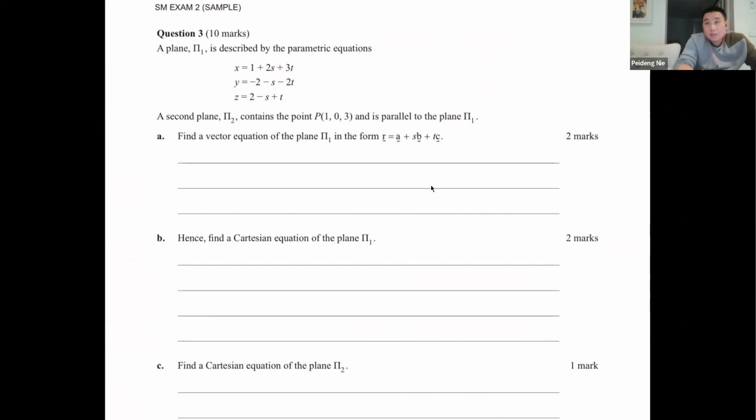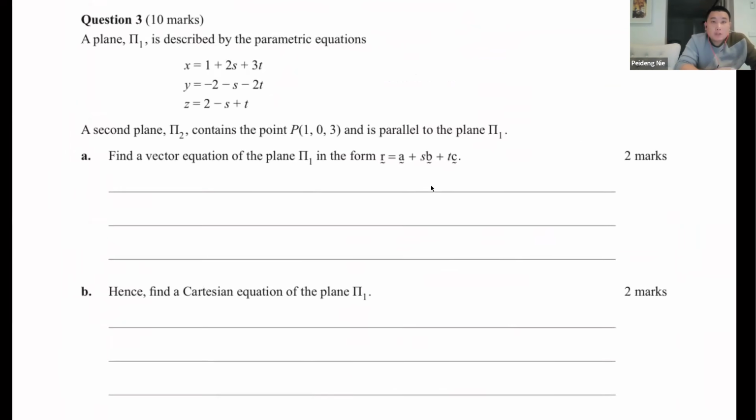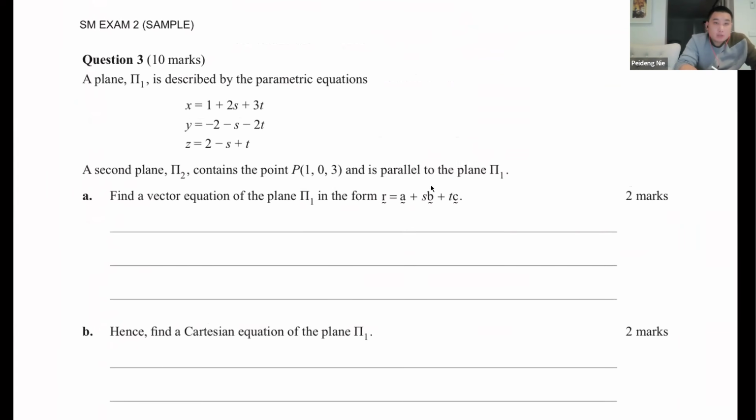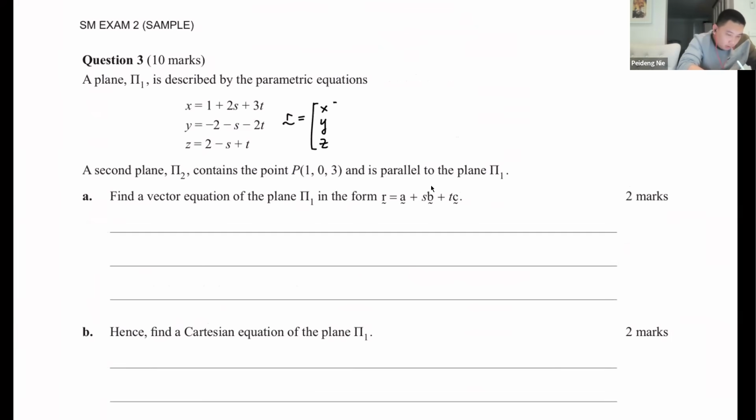Vector planes and lines. A plane pi1 is described by the parametric equations x, y, z equals blah, blah, blah. But remember, the algebraic structure x, y, z is just like R^3 here. If you see them as column matrices, the problem is very easy.